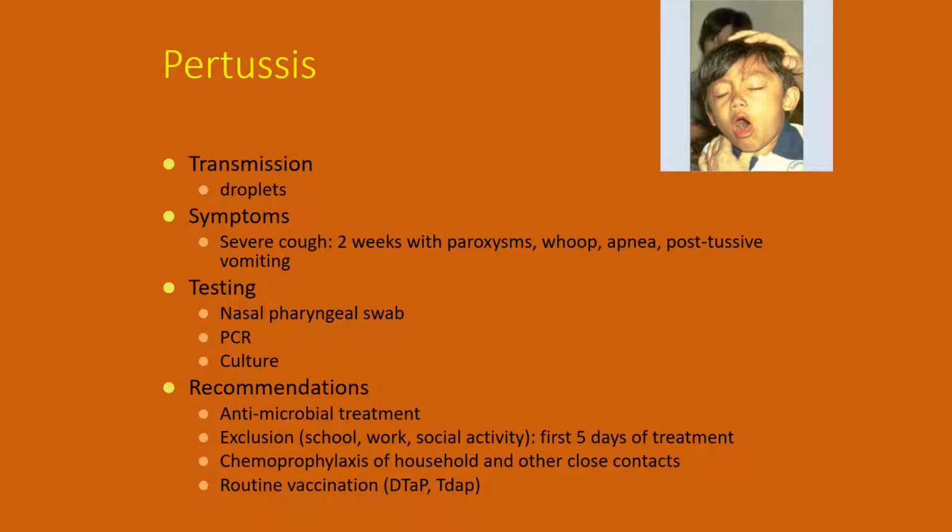Pertussis, as noted, whooping cough is a pretty substantial disease in children under, say, 18 months old or so. It's droplet passed. The child, if they're very small, can develop the whoop. That's actually the inhalation in between coughs, not the coughing themselves that sound whoop-like.